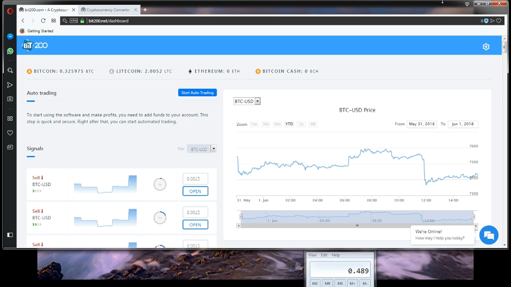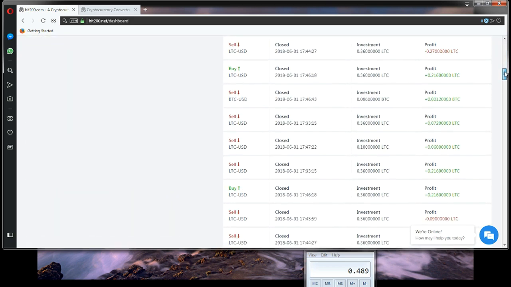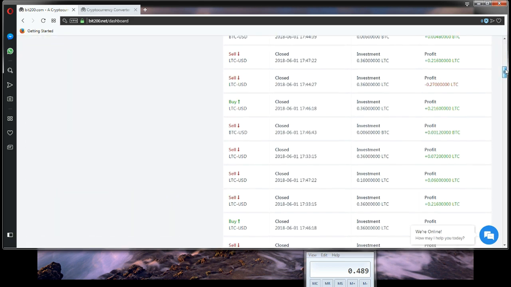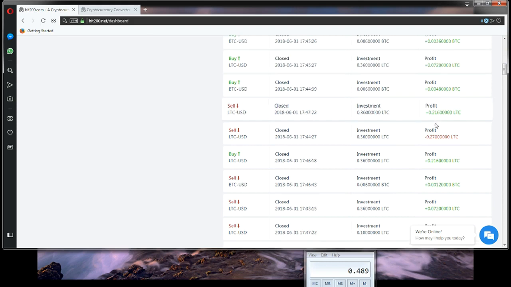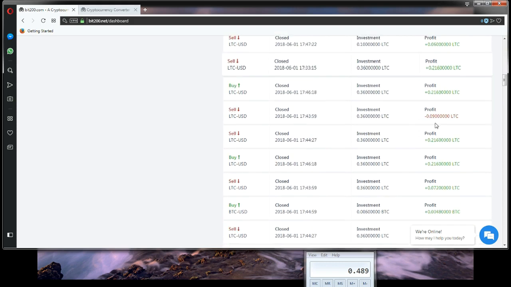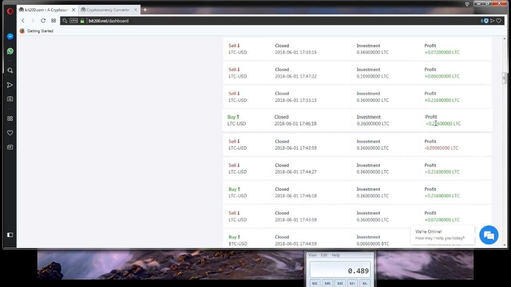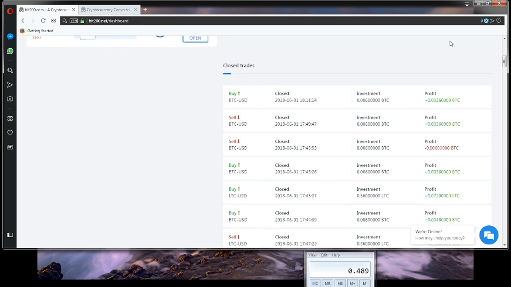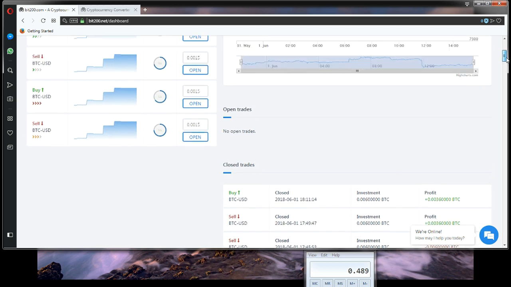I must say that as for now, I'm really satisfied that the software works as promised. As you can see, it is not 100% efficient, but as I mentioned, it's physically impossible to reach such efficiency. I would say that it's something like 75, 80%. So pretty good results.